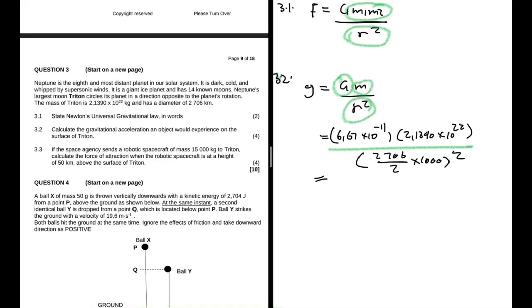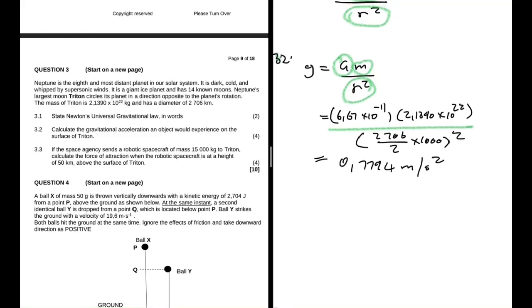So we have 6.67 to the minus 11 multiplied by 2.139 to the 22 divided by 2706 divided by 2 multiplied by 1000 squared, and that is 0.7794 meters per second squared, right? And then that's about it.